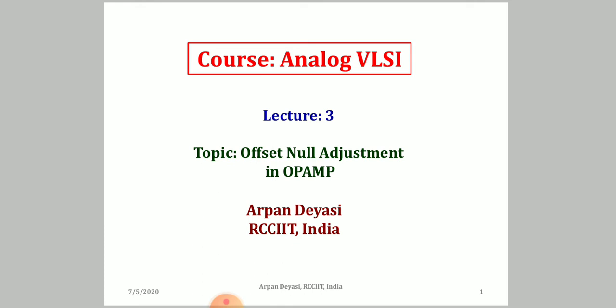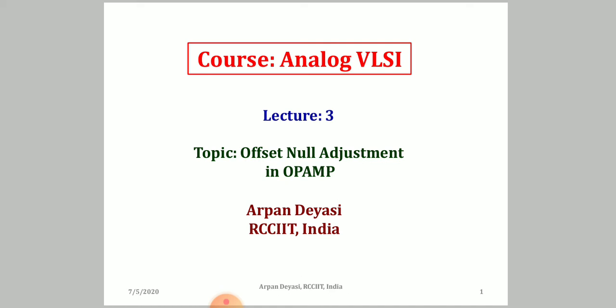In this connection, if you recall the earlier analog VLSI classes, where I discussed the differential amplifier and its offset null, the same concept will be discussed today, with the prime objective of how this offset null can be nullified when an operational amplifier is made.